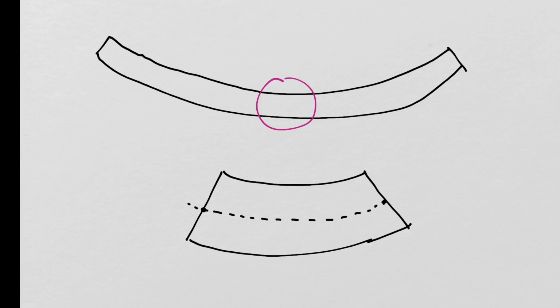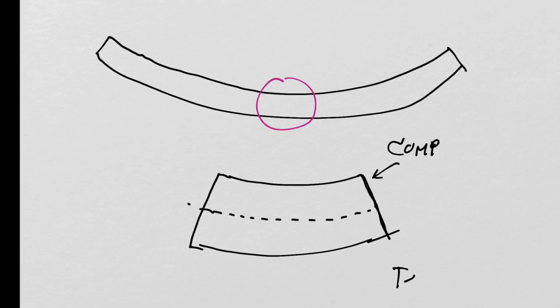Actually, in both cases, I should make the cross section look a little more purely perpendicular to this neutral line. The neutral line is the line that has no bending at all. So to be perpendicular would have to look more like that. But the point is the top part is in compression, the bottom part is in tension, right?